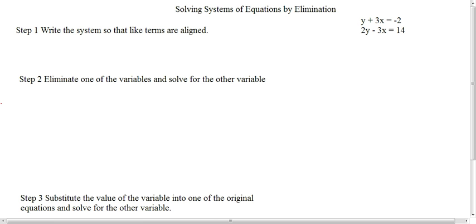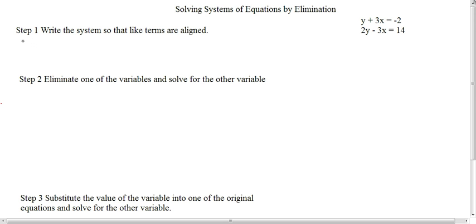All right, we have a system: y plus 3x is equal to negative 2, and 2y minus 3x is equal to 14. So what we want to do is write these as if we are adding.